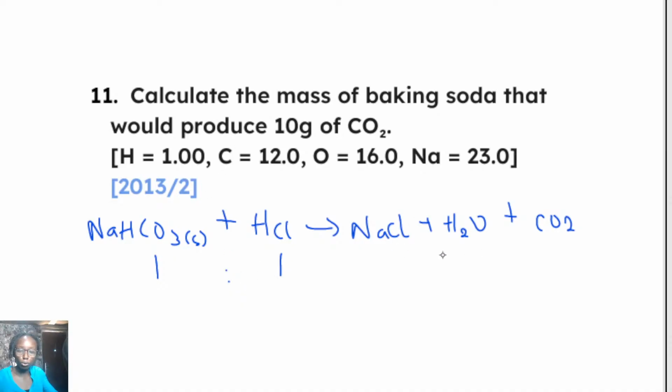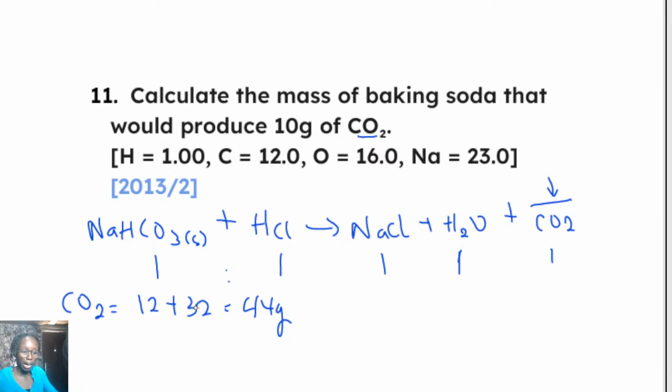In fact, one mole is produced in each case of the compound. We're asked to calculate the mass of baking soda that will produce CO2, so we're interested in how many moles of this are produced. We can find the molar mass of CO2 very simply: 16 times 2 is 32, which gives 44 grams.